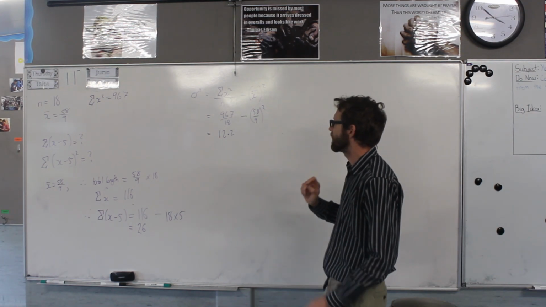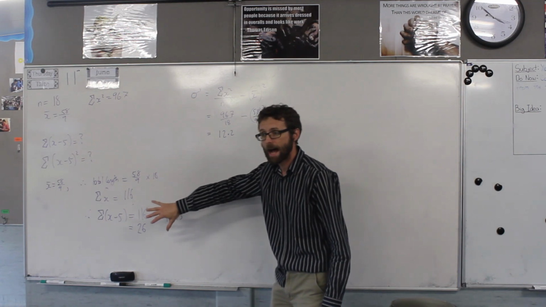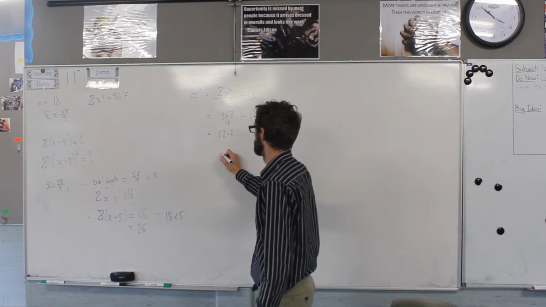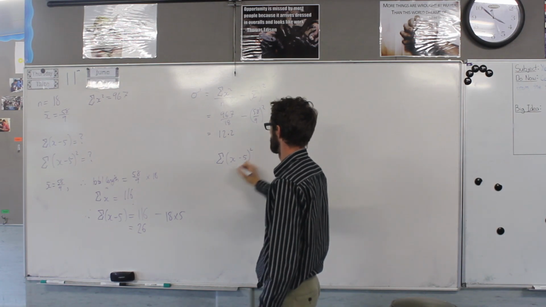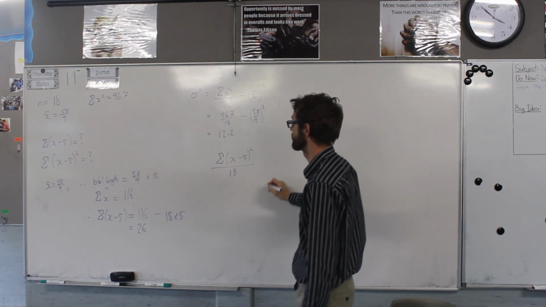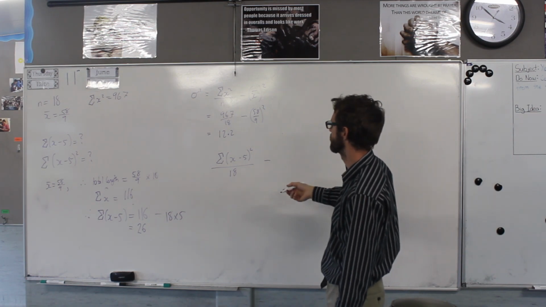Okay, and therefore, the variance of the coded data is going to be the same, so we can pop that in. So we're going to go this, which is the one we want to find, over 18 again, minus our new mean. So what did we say our new mean was?